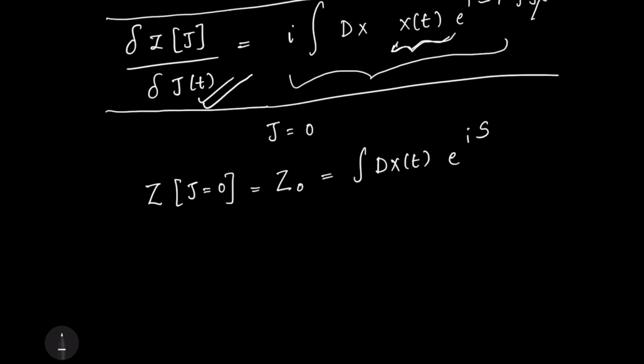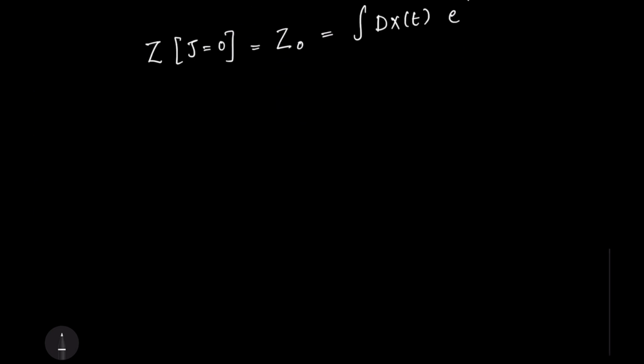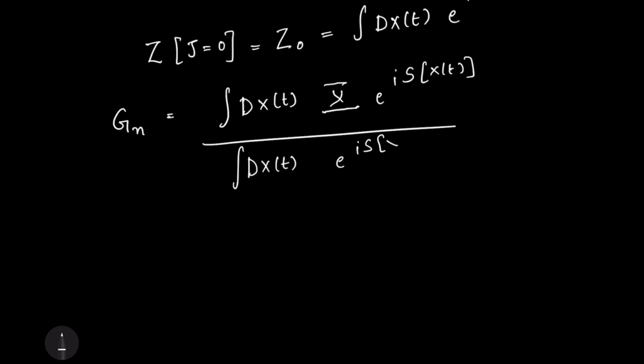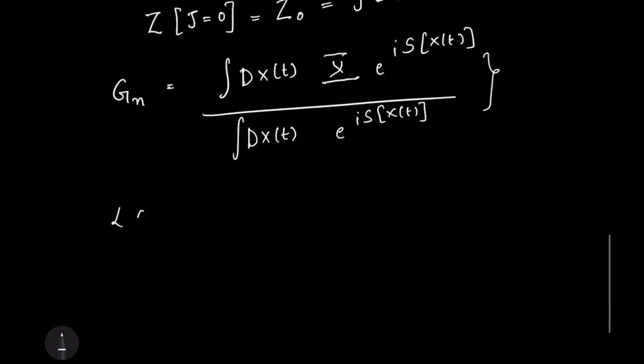Now, by comparing with Gn, in the last class we defined Gn as integral dx(t) x e raised to iS divided by integral dx(t) e raised to iS. So we can find the 1-point function by dividing these two.